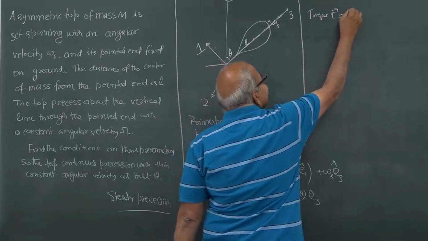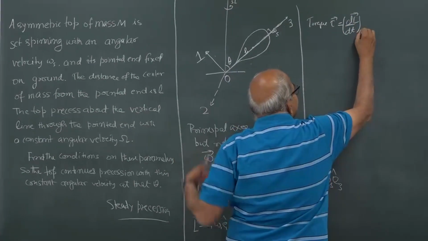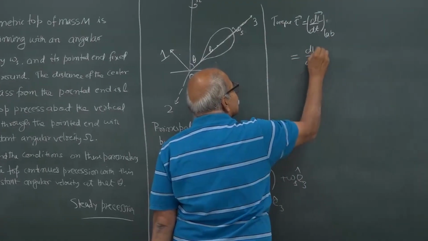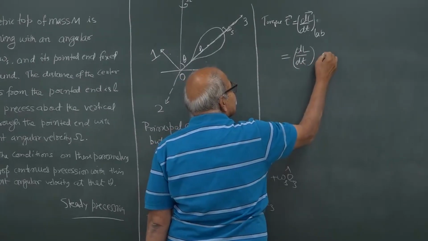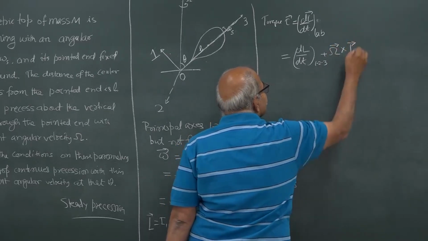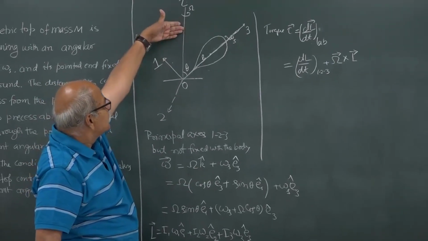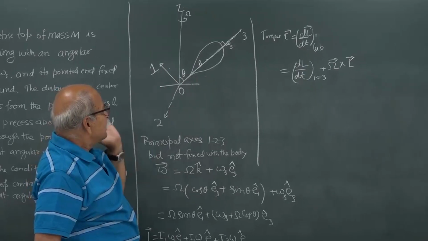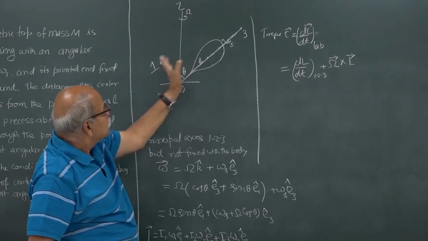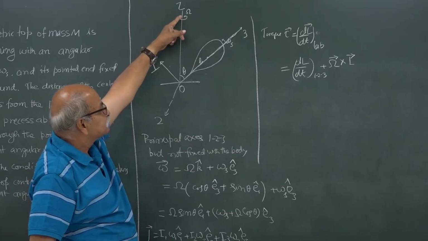tau, which is dL/dt, in our lab frame, is equal to dL/dt in the rotating 1 2 3 frame, and then the 1 2 3 frame is rotating about that lab axis with capital omega, and therefore it is capital Omega cross L. If this is the z axis, and I make an x axis and y axis fixed in the lab, then with respect to that lab frame, these 1 2 3 axes are just going around this vertical, which will be this omega.